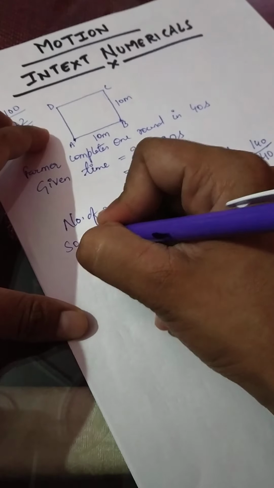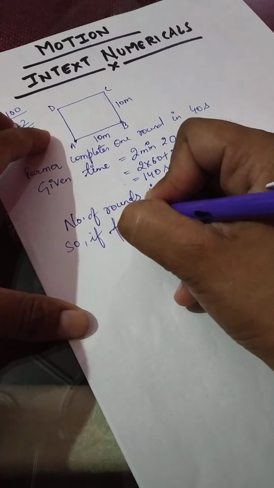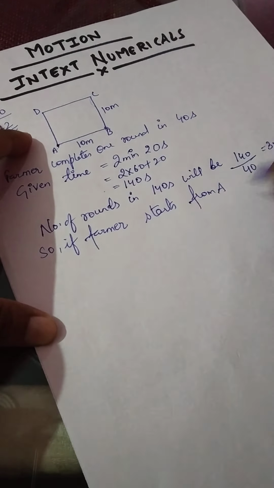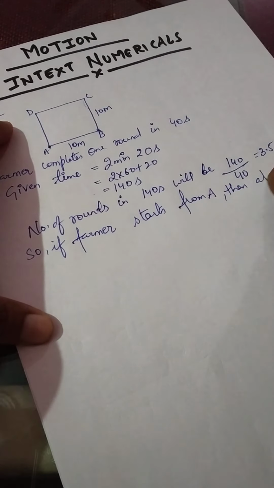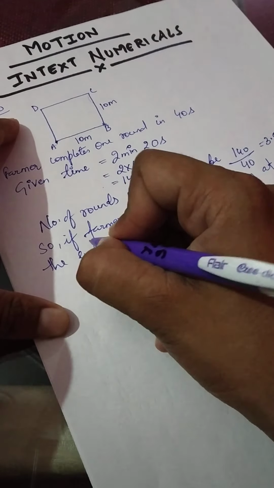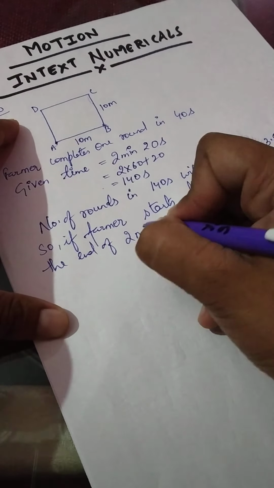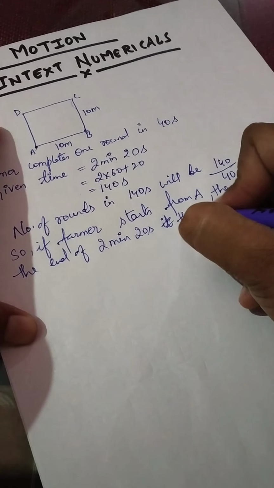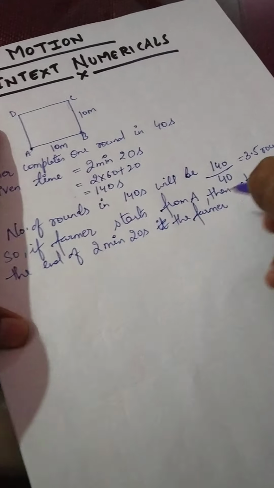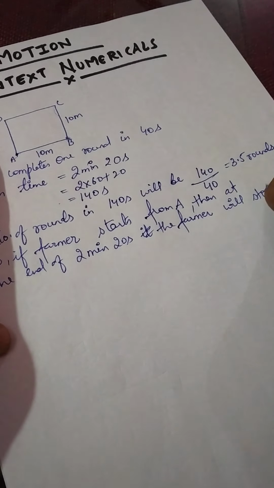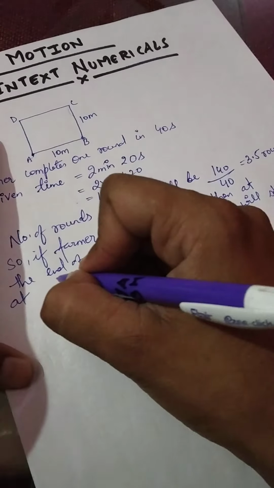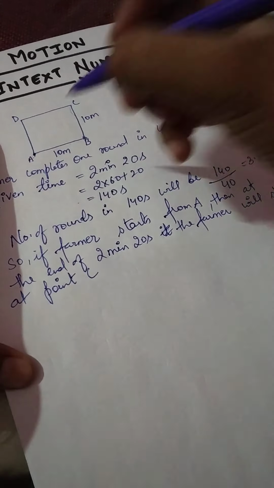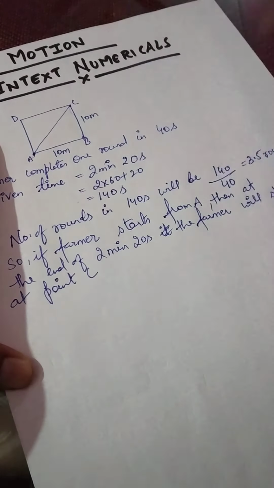So if the farmer starts from A, then at the end of 2 minutes and 20 seconds, the farmer will stop at point C. So the displacement will be AC.